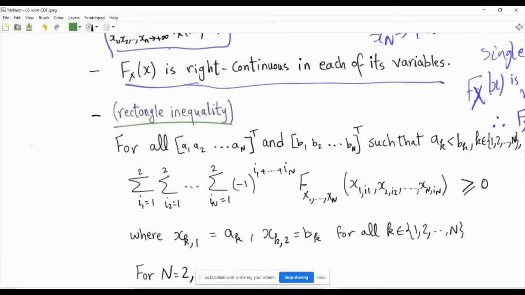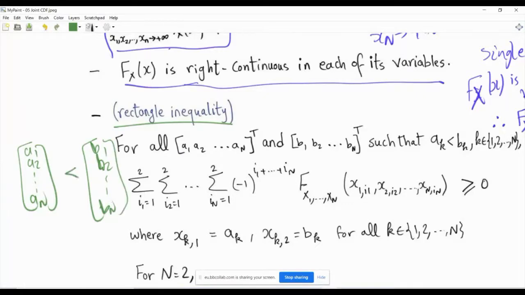You choose n numbers a1 to an, and another n numbers b1 to bn, so this vector is less than this vector element-wise, which means that a1 is less than or equal to b1, a2 is less than or equal to b2, all the way to an being less than or equal to bn. We can make it strictly less than, it won't matter, for every k.